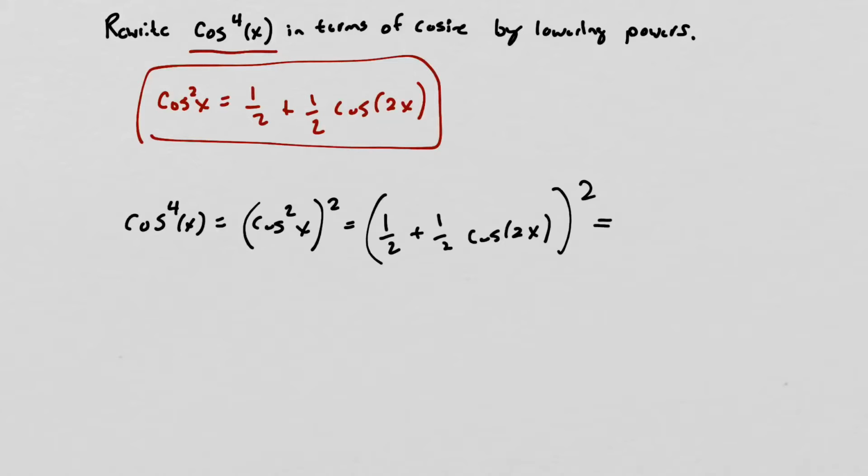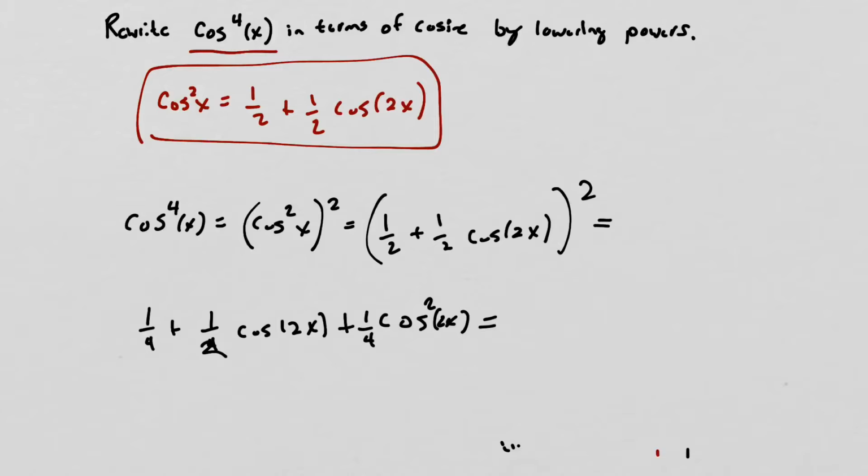So now simplifying this, we'll get that this is equal to 1/4 plus 1/2 of cosine of 2x plus our 1/4 of our cosine 2x raised to the 2nd.